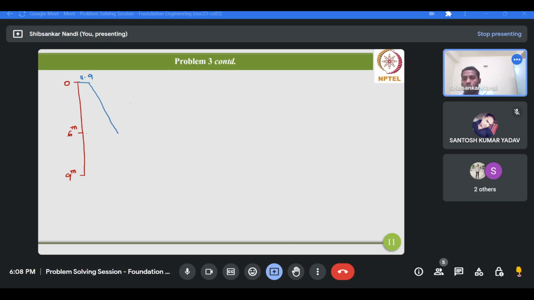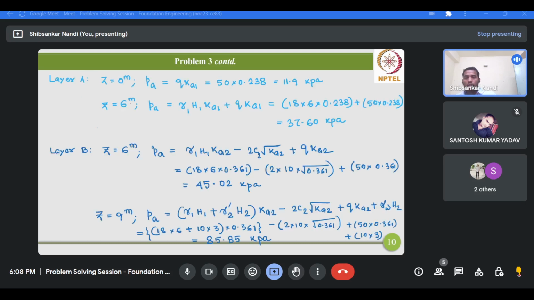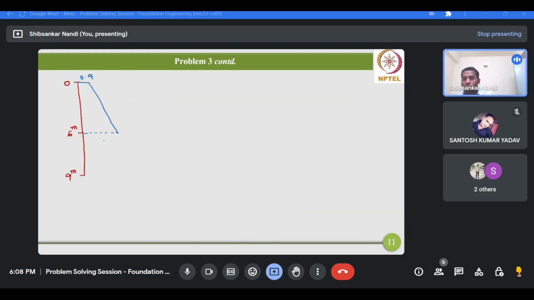Then we reached the interface in layer 1 as 37.60.